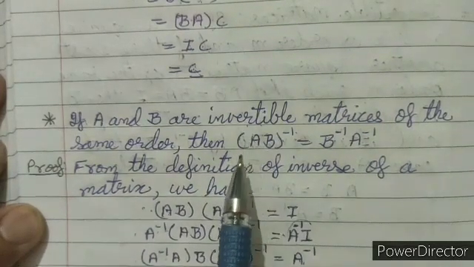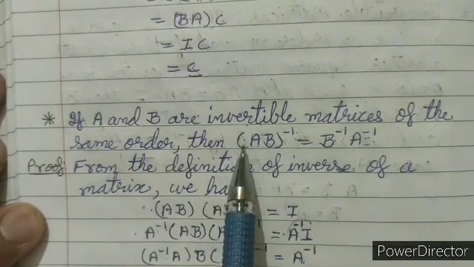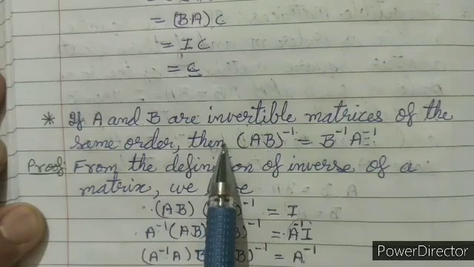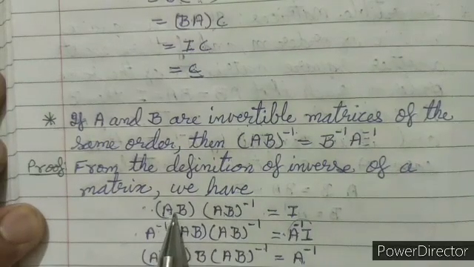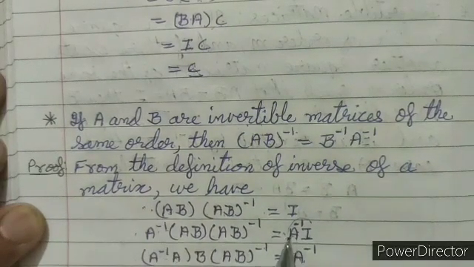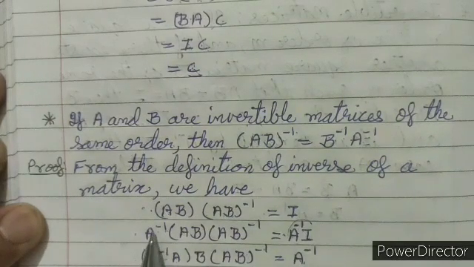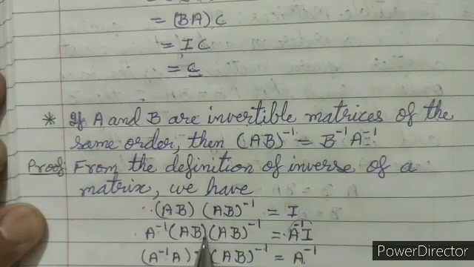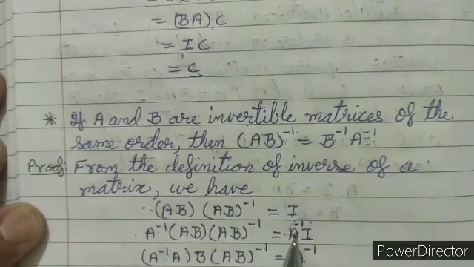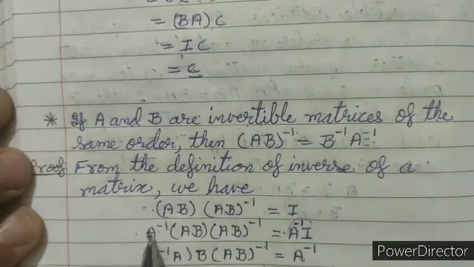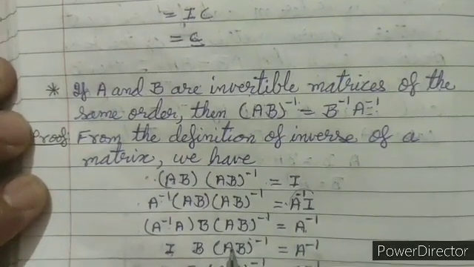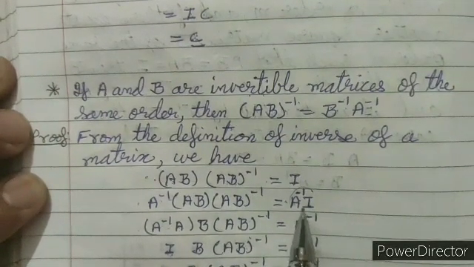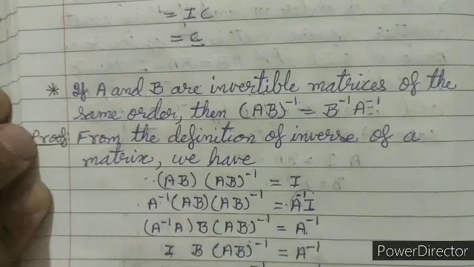Now as we know that A into A inverse is equal to I, that means AB into (AB) inverse will be equal to I. Now on multiplying both sides by A inverse, we get A inverse AB into (AB) inverse equal to A inverse I. Now A inverse A will be equal to I, that gives us I into B (AB) inverse, and A inverse I will again be A inverse.